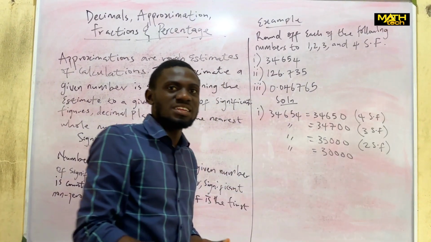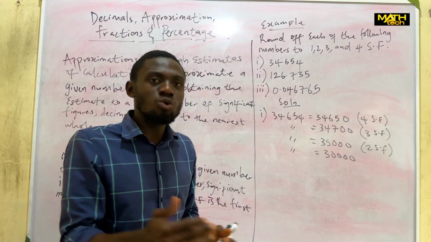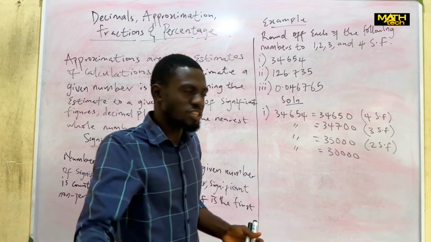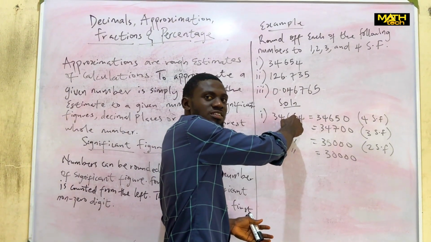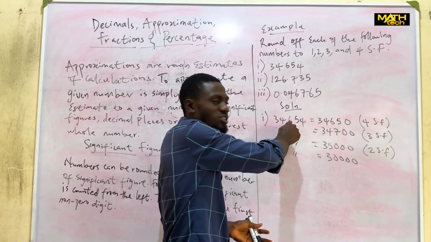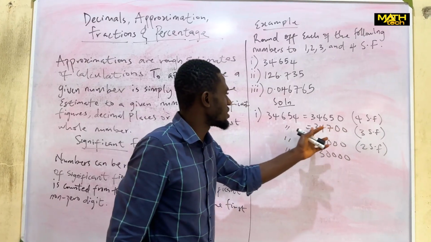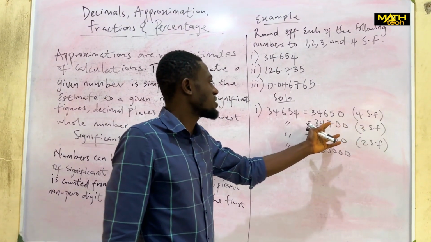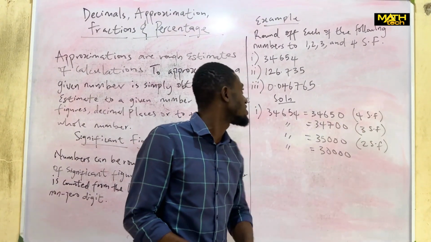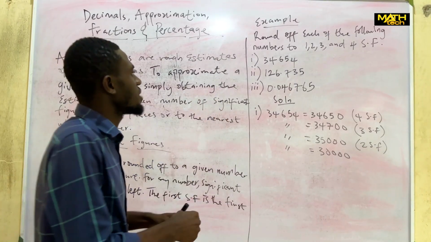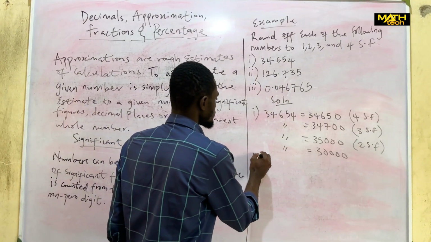Since it is greater than or equal to 50, an extra one is going to be added here, and the next values become 0. So in the 3 significant figures, we have 34,700.